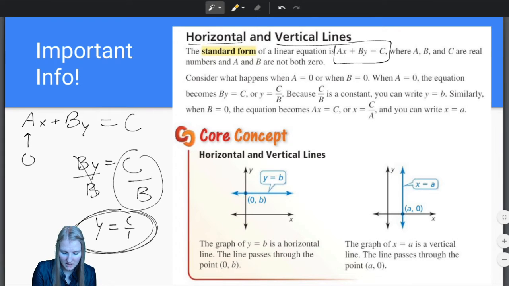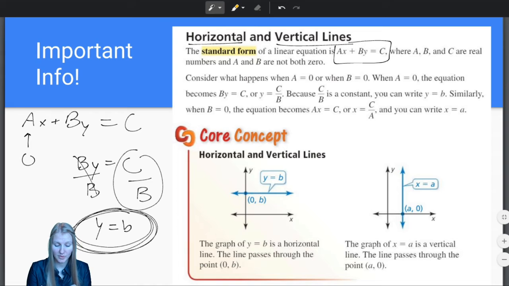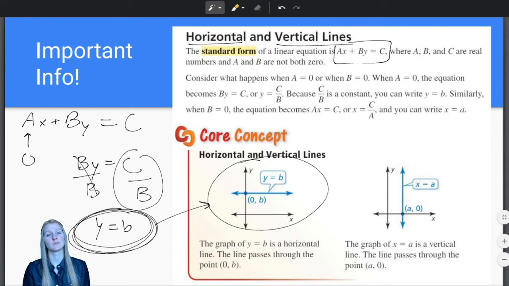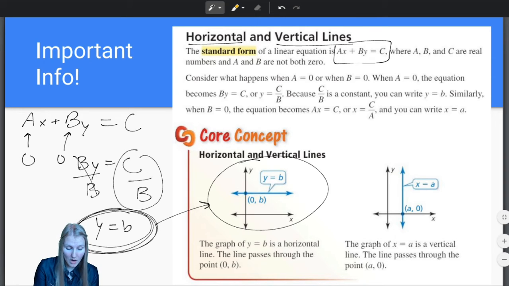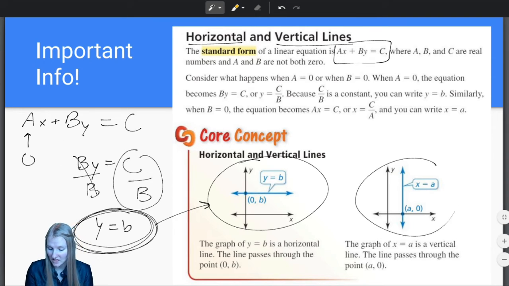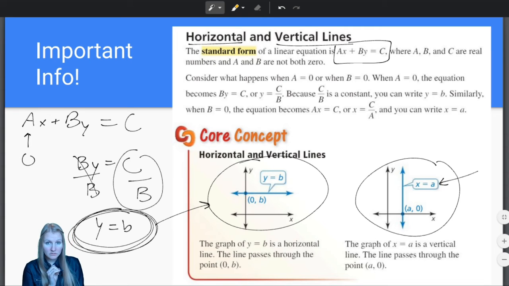C over b, but that's just a number, so we call it lowercase b. So if you have y equals b, that is a horizontal line. Similarly, if we had made b 0, we would get x equals a, and that's just a vertical line.